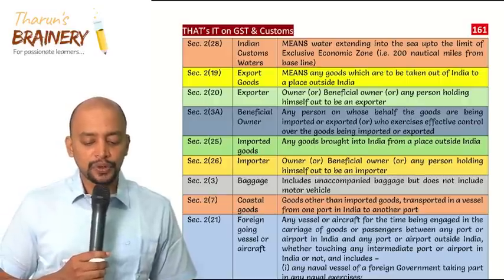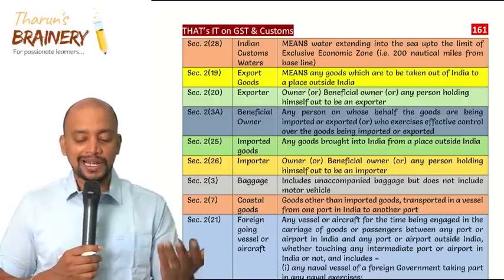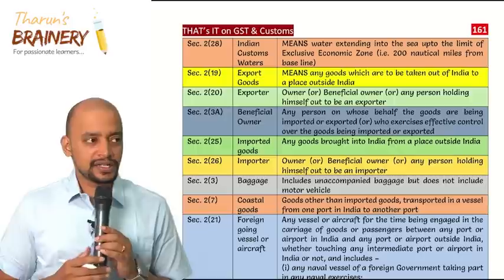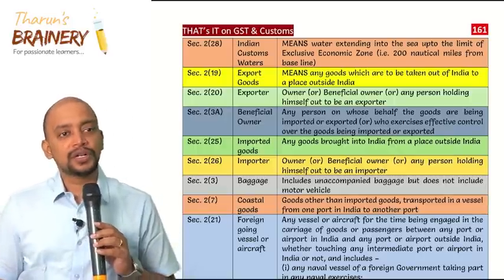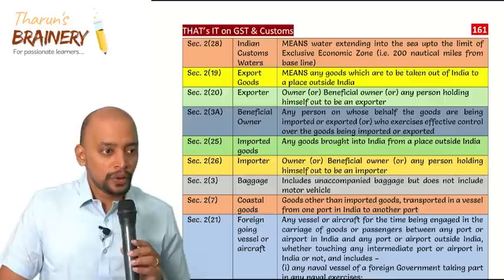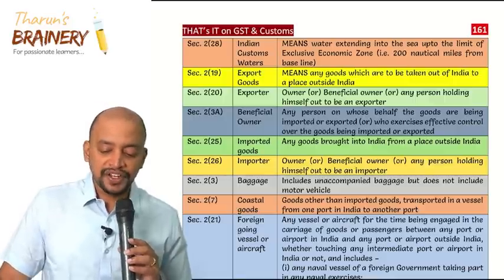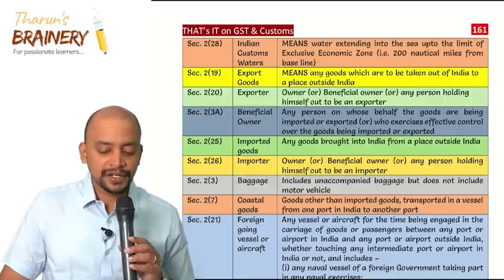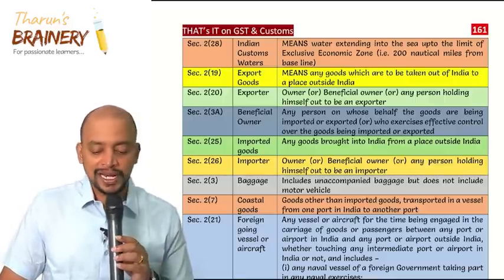What is export goods? Goods which are to be taken outside India are known as export goods. And exporter. Who will be called as exporter? Either the owner of those goods, or the beneficial owner, or any person holding himself out to be an exporter.